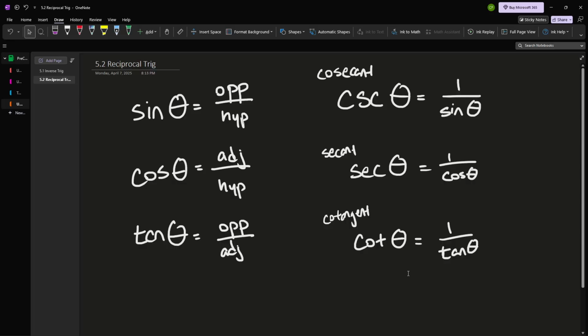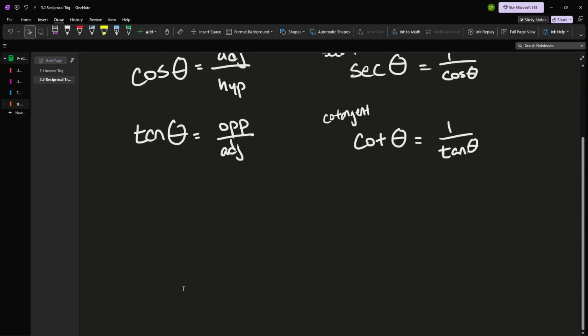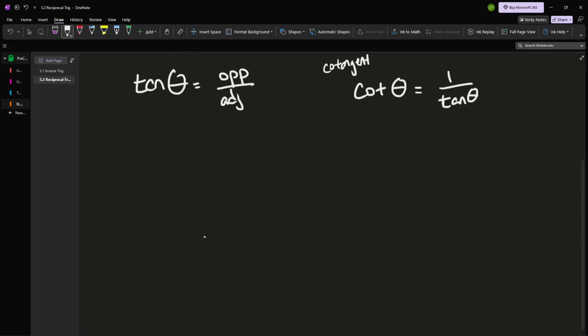So now let's see how we want to apply it in the scope of this class, in the scope of our unit. We use these when we want to solve problems. Let's say, for example, we've learned so far that you could solve for a sine of theta equals like 0.4. We know how to solve for this.